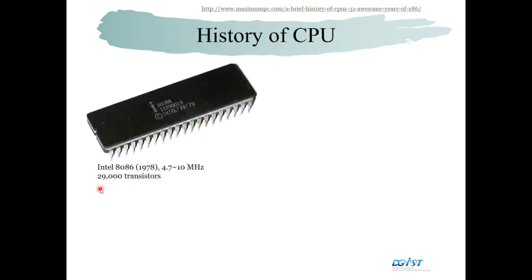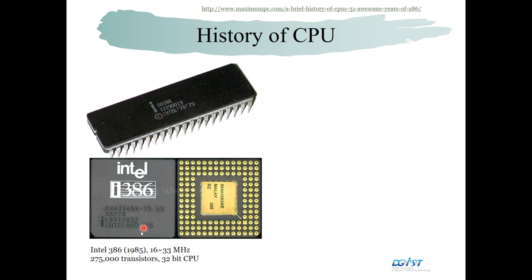But after 30 years, we have an even larger number of transistors in a single small chip. And 10 years later, the number of transistors is getting larger, more than 10 times. But the operating speed is still megahertz.